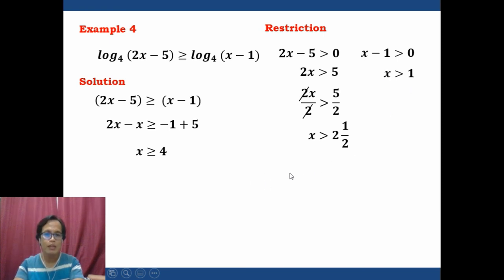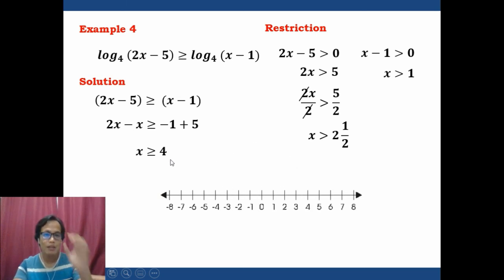So let us illustrate in the number line. This is our number line. We will locate positive 4 in the number line. Then, since it is greater than or equal to, we use the solid dot, and our arrow goes to positive infinity. For the second inequality, x is greater than 2 and 1 half.